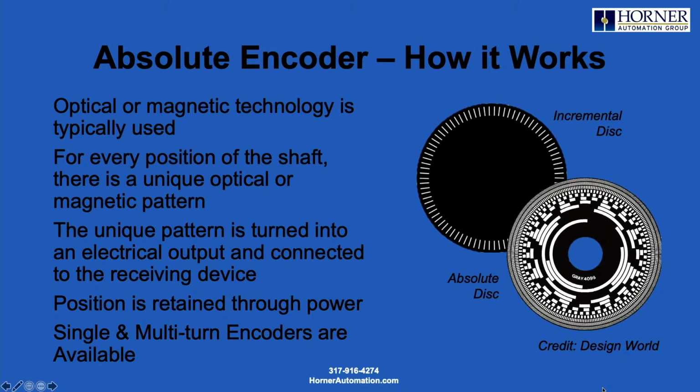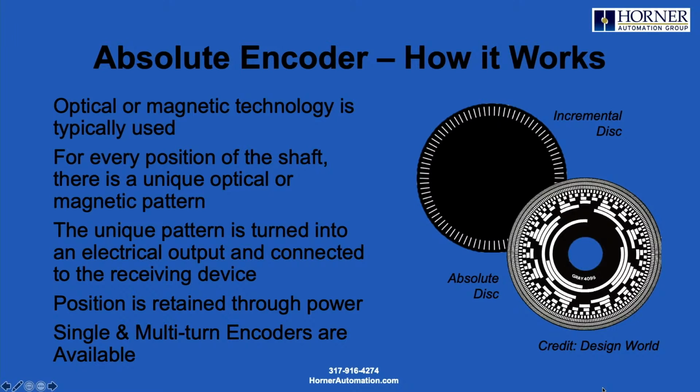So that's really what absolute encoders are all about: having a totally unique pattern that is detected, whether we're talking optical or magnetic, because there are a lot of magnetic absolute encoders as well, so that the exact position of that shaft can be detected regardless of where it's at.